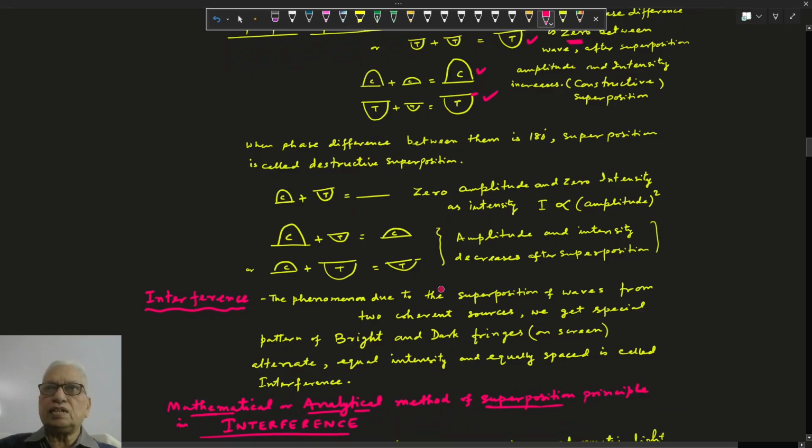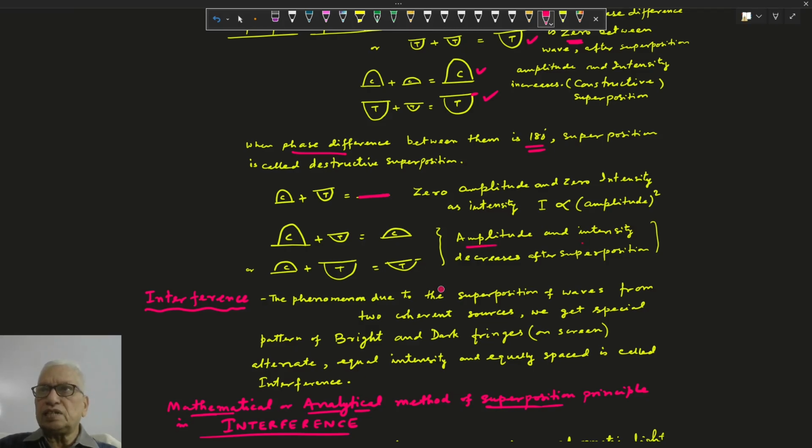On the other hand, if the phase difference is 180 degrees, in superposition, crest and trough, we get zero amplitude if their amplitudes are the same. If the amplitudes are different, then the resultant will be a lower crest of smaller amplitude. And suppose the trough is more, we get a trough of lesser amplitude.